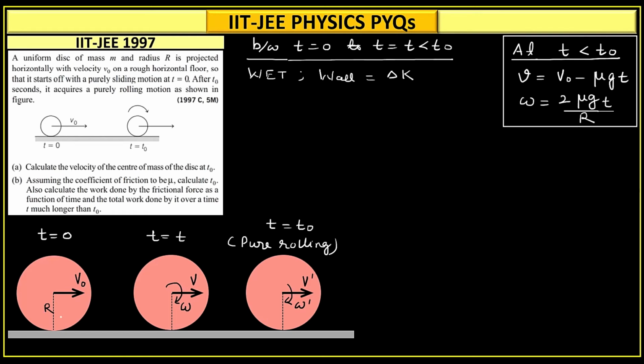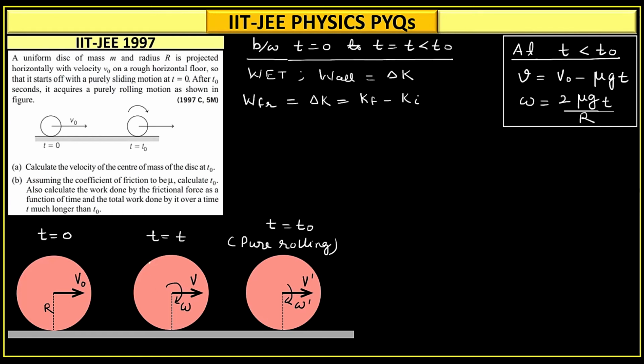The forces on this disk are weight, normal, and the kinetic friction. Weight and normal are doing no work, so the only work is done by the kinetic friction. So work done by the kinetic friction is equal to delta K, that is, final kinetic energy minus initial kinetic energy.